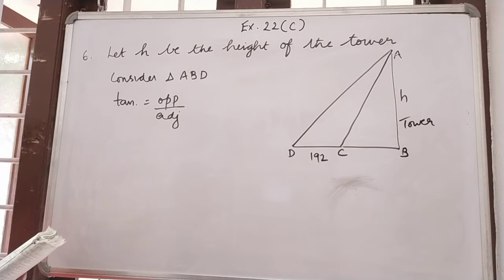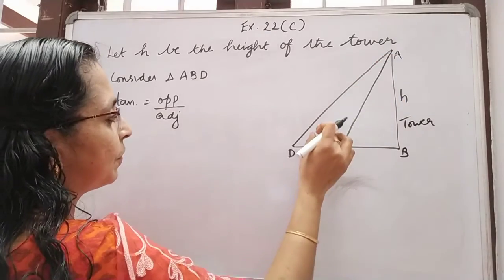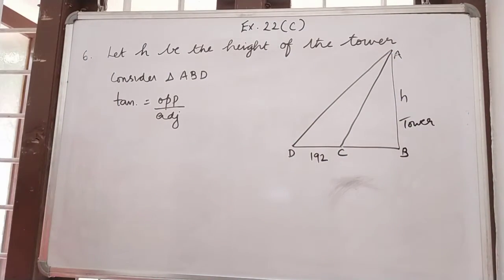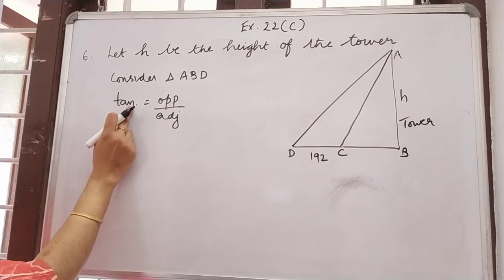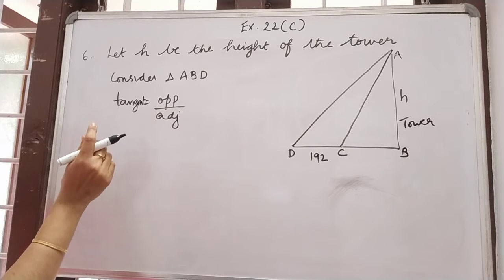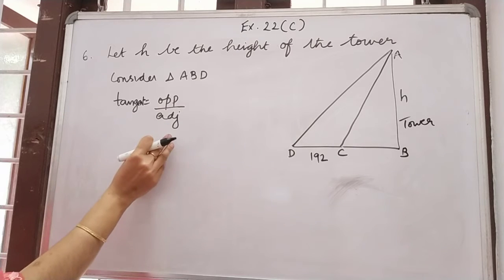The angle of elevation has a tangent value of 5 by 12. Tan of that angle is equal to opposite divided by adjacent.